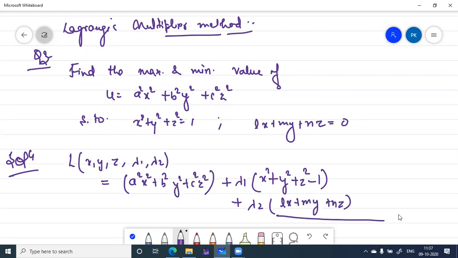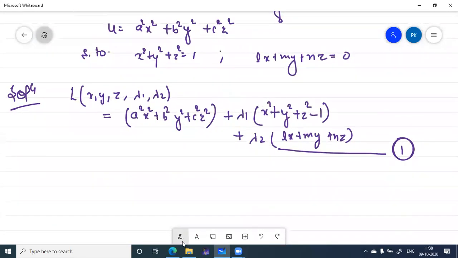So this is the Lagrangian function. Now what you have to do is find out the value for x, y and z with the help of these equations. The necessary conditions here will be to evaluate the partial derivatives and equate them equal to 0.